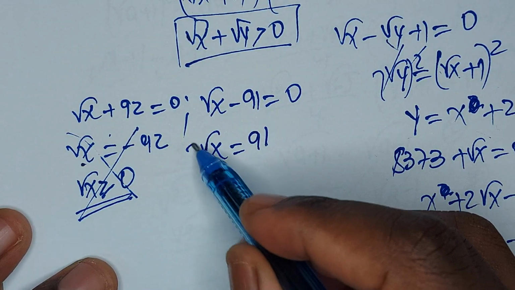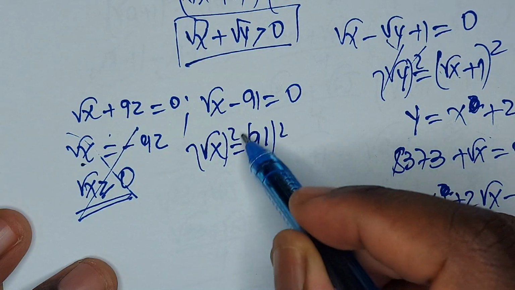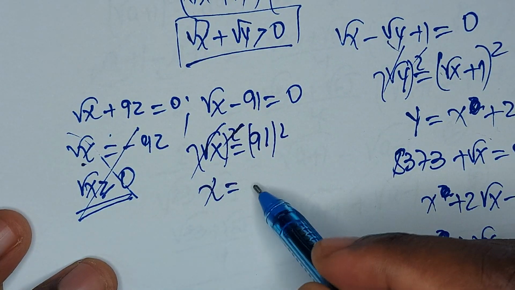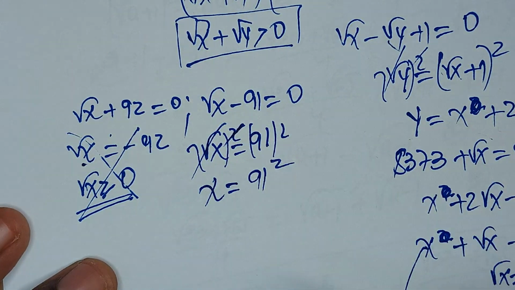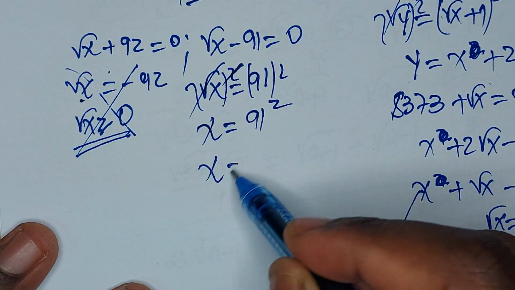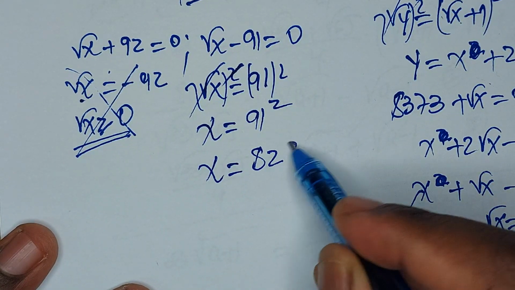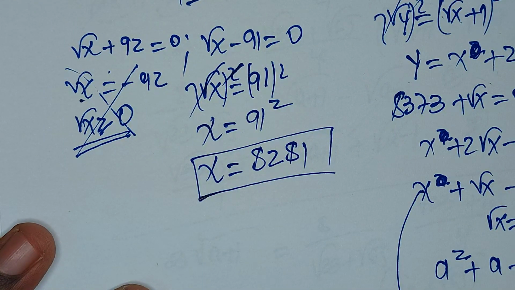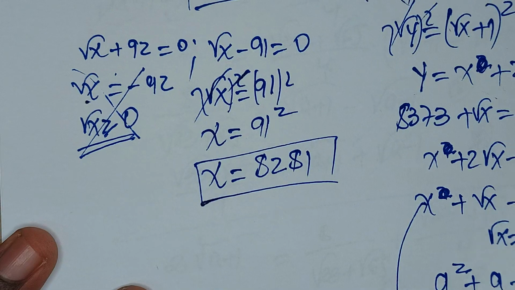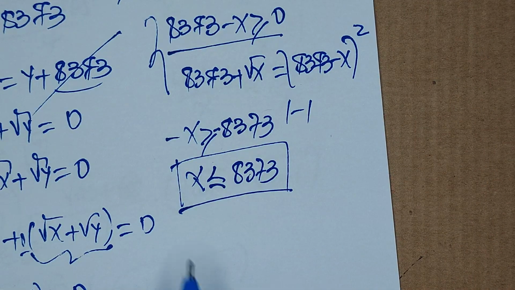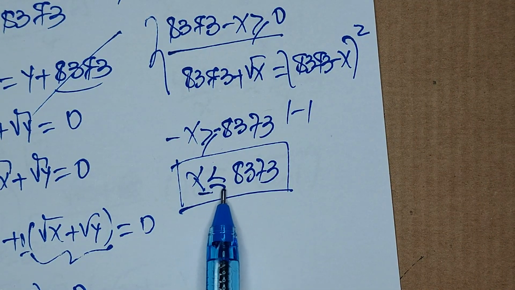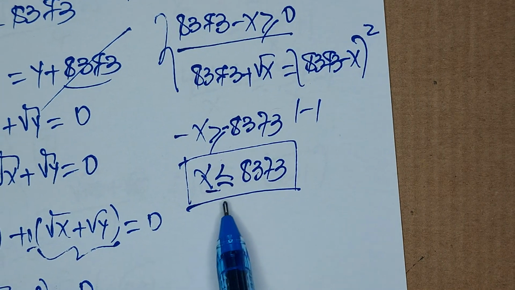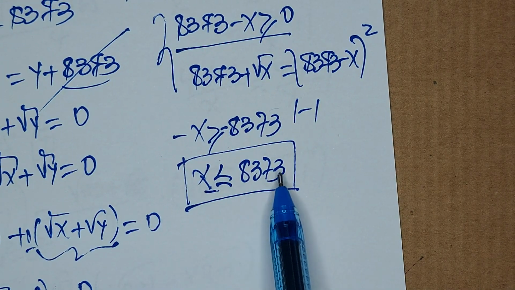Squaring both sides, we have x equals 91 squared. 91 squared, guys, is 8281. This is the answer for our problem. Remember that in the beginning we said that x has to be less than or equal to 83/73.